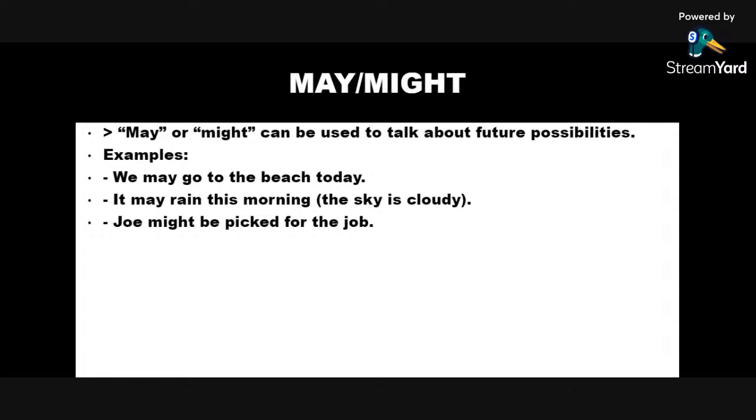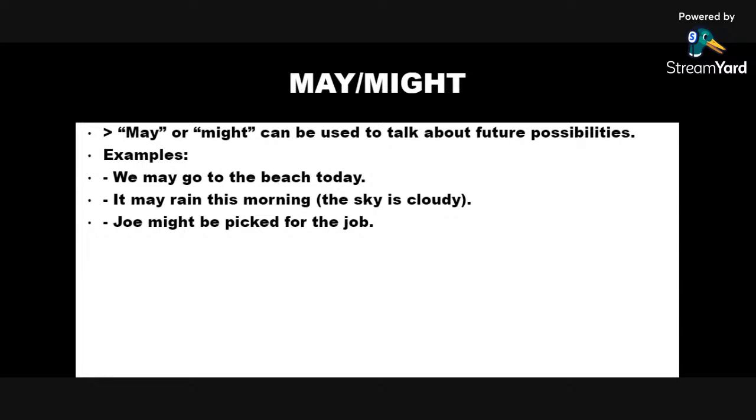This is not in the realm of certainties, or something that is actually scheduled, or there is a timetable for it. It is something that may or may not happen, but it's a way of talking about the future as well.